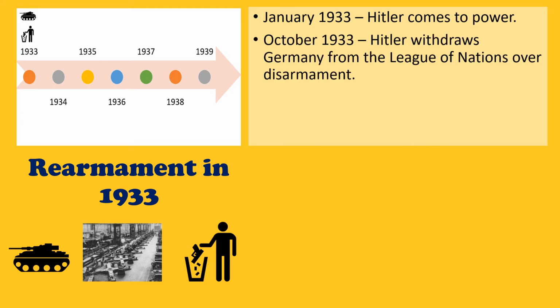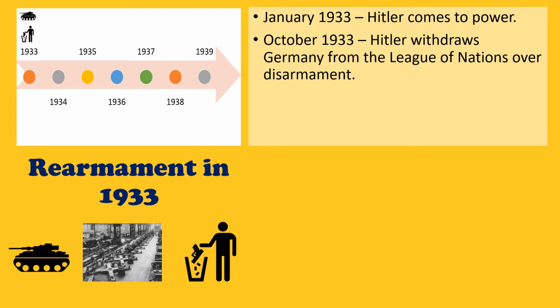In October 1933, Hitler withdraws Germany from the League of Nations. He does that because 1933 is the year when the League of Nations is trying to kickstart disarmament again, and that's what our little guy there chucking the gun in the bin represents.